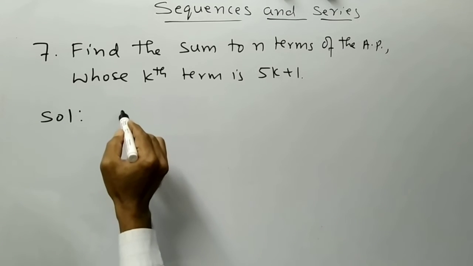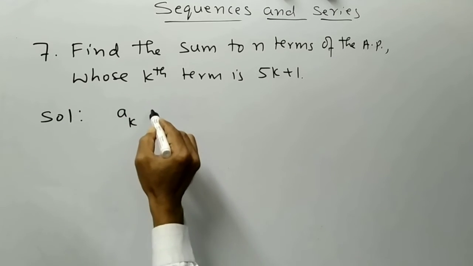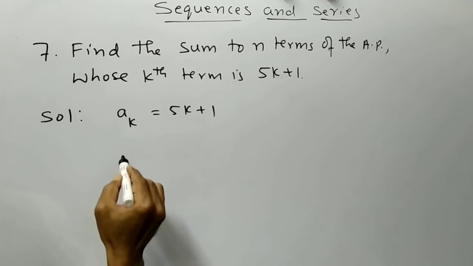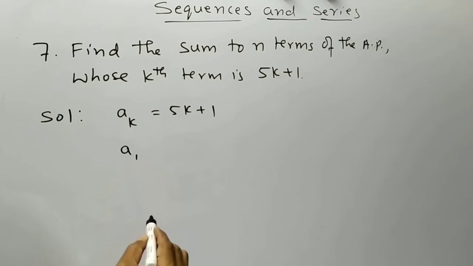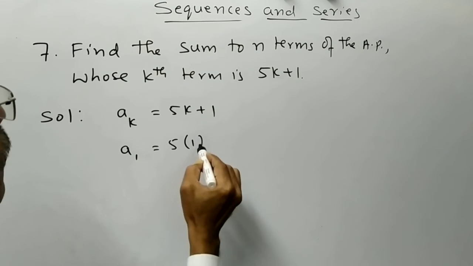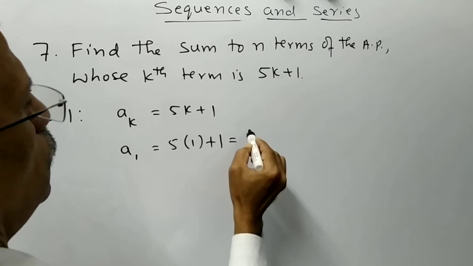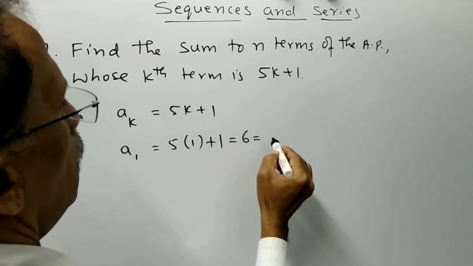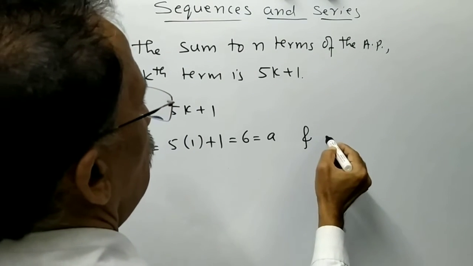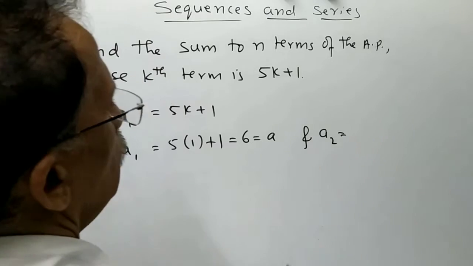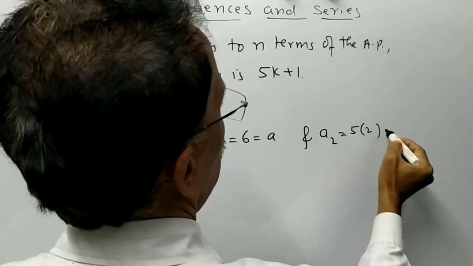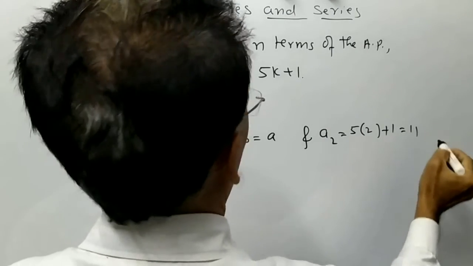Solution. kth term, that is a k, is equal to 5k plus 1. a1, that is first term, is equal to 5 into 1 plus 1 is equal to 6, is nothing but a, and a2 is equal to 5 into 2 plus 1 is equal to 11.